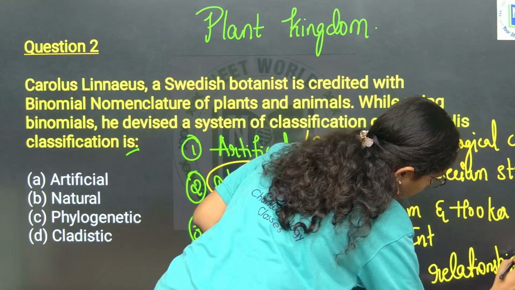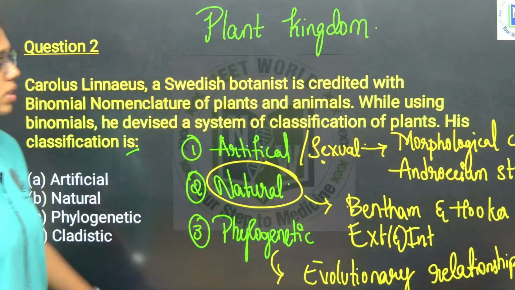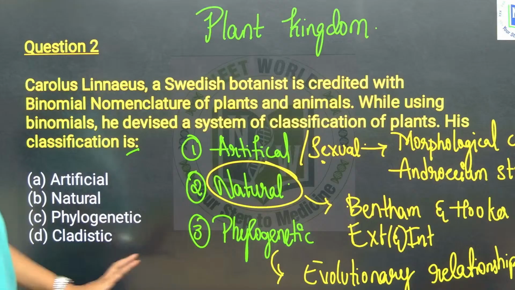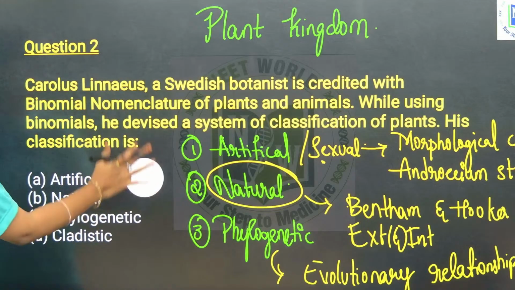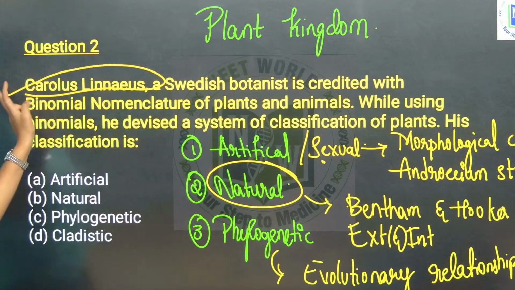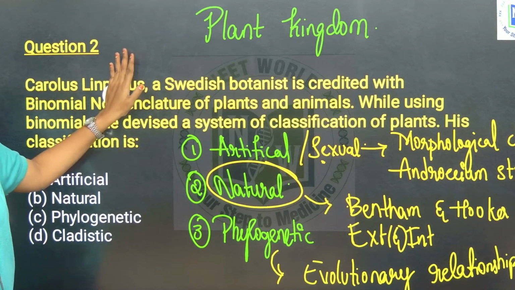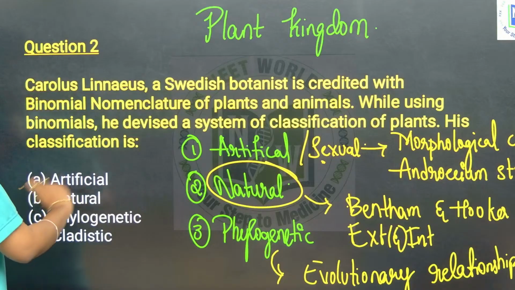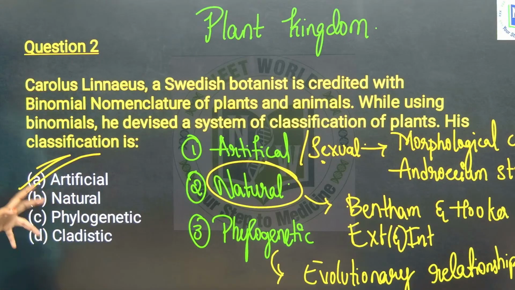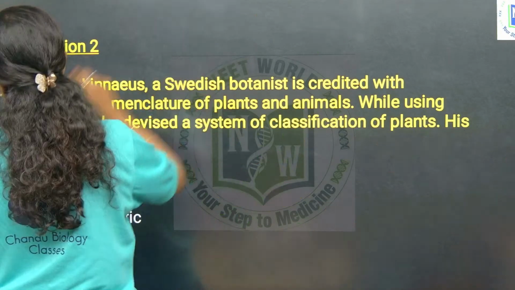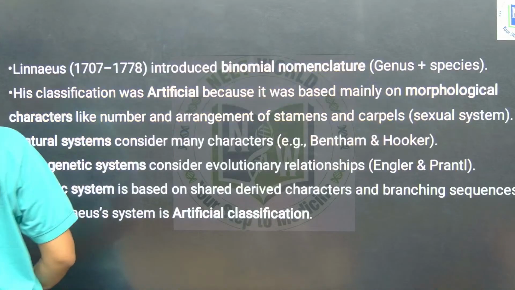Fine. So these are three systems of classification we should take note of. So, Carolus Linnaeus has devised what system of classification here? The artificial system of classification or sexual system of classification, that is option A. So this will be the right answer. Just look into the theory once.